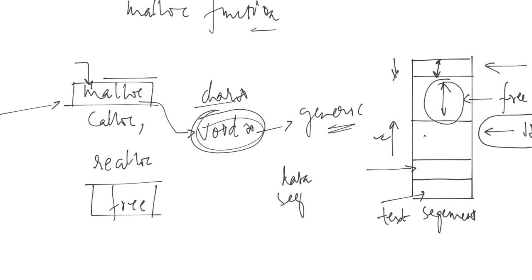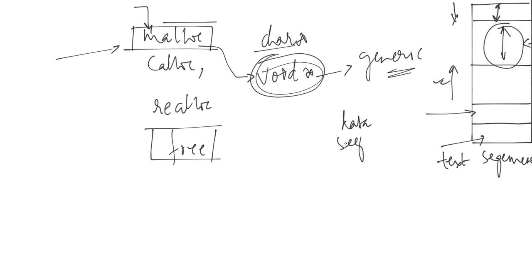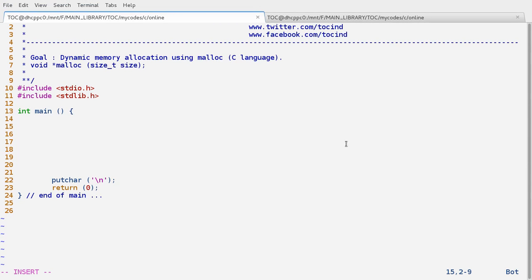I am going to request the operating system to allocate space for our C program dynamically, for the integral data type. So the pointer should be int asterisk p.